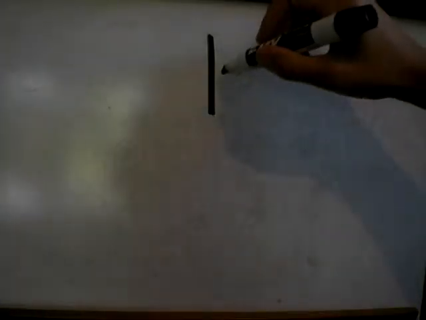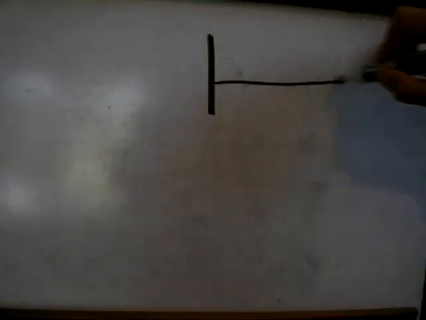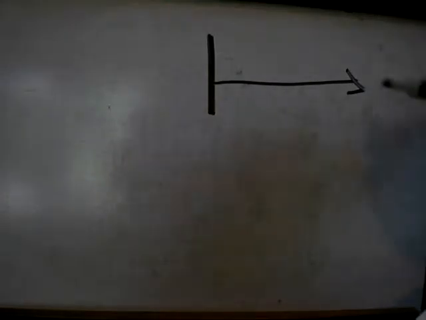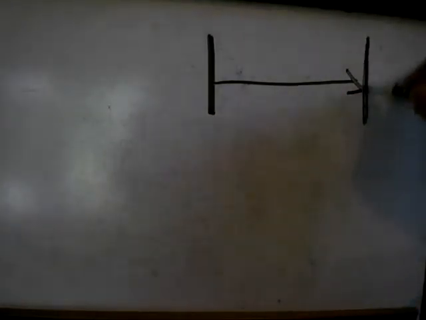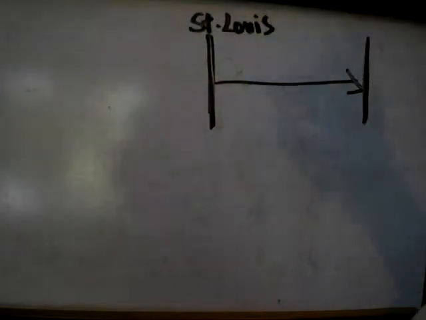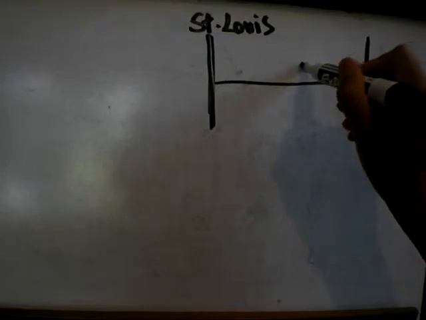But I like to make this a little bit more visual. Let's say this is St. Louis, and here's one plane going this way. After 2 hours, this line represents 2 hours. Here is St. Louis, and here's my plane.